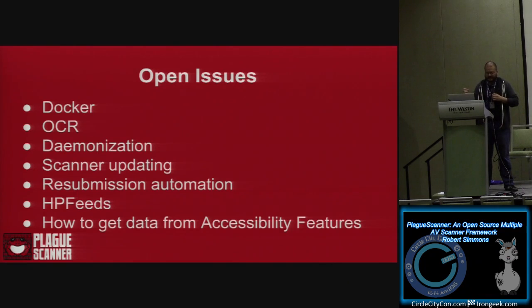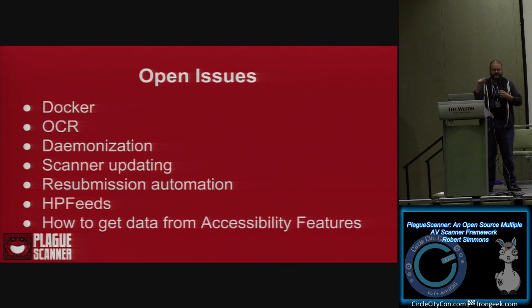And then another thing, and I've had questions a lot about this, is scanner updating: making sure that the scanners are updated, and that they're updated when you run it. It's actually very easy on the Linux side and ClamAV.